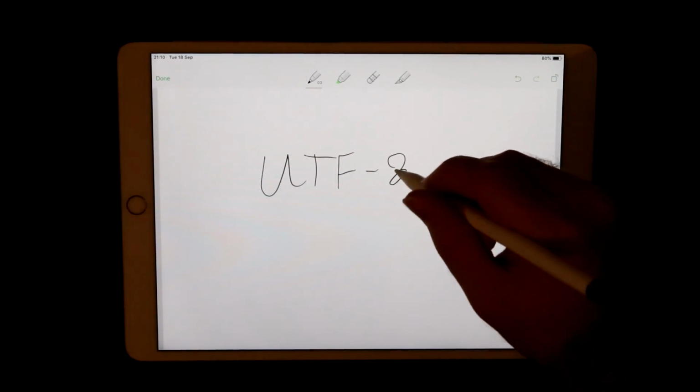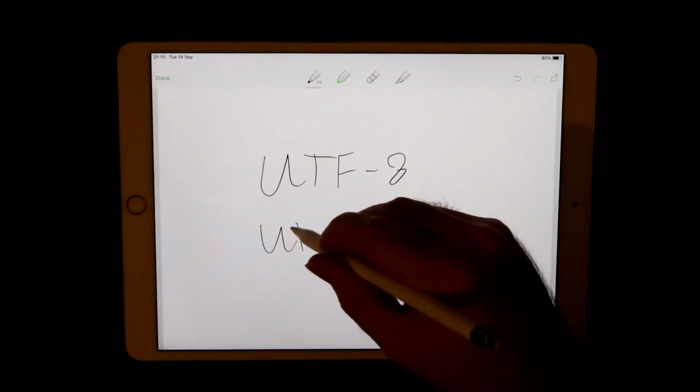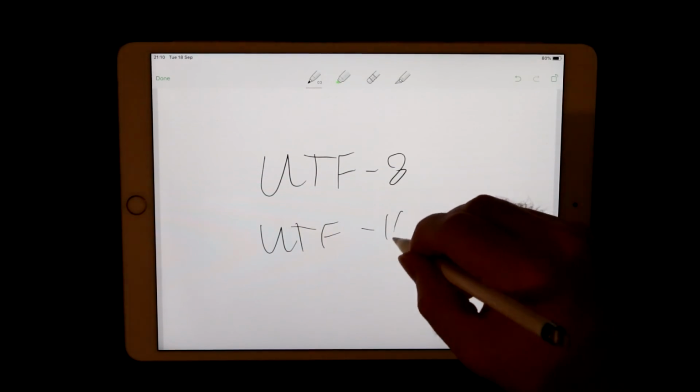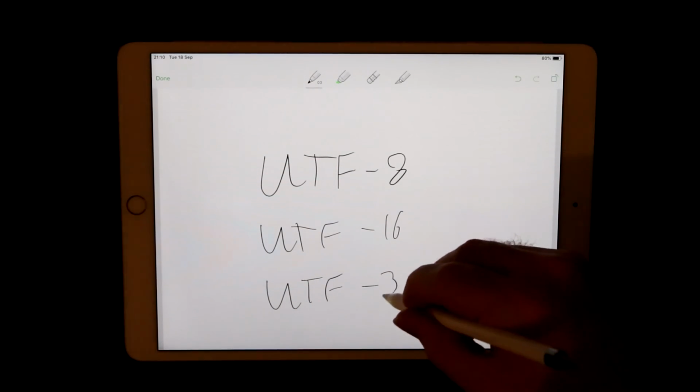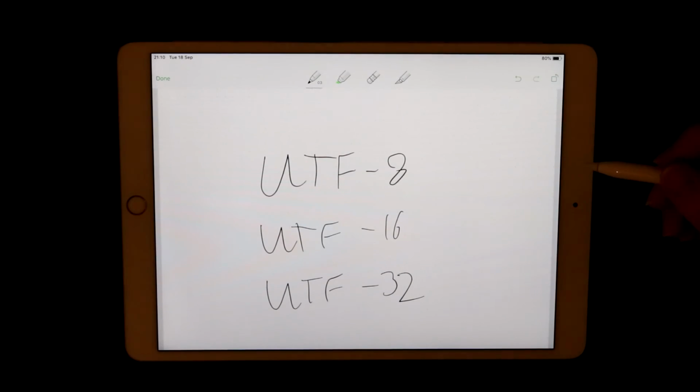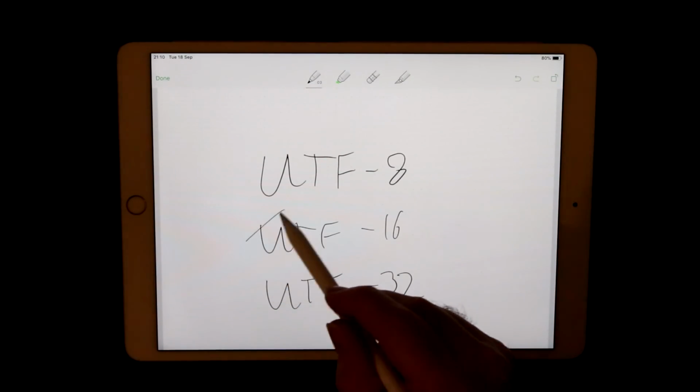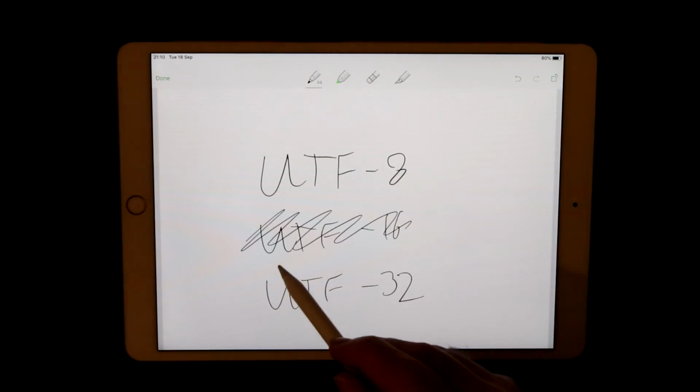So there is UTF-8, UTF-16, UTF-32, and honestly, in 2018, we don't use these anymore.